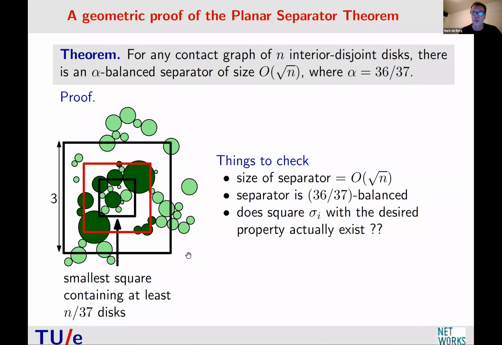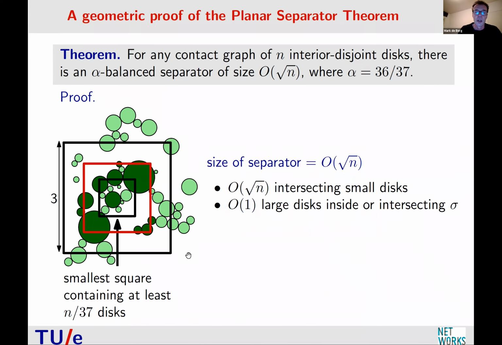So why does this work? Well, we need to check three things. The size should be okay, or the square root of n. It should be balanced. And I started by saying I take a square that intersects only square root of n small disks. I should check that that actually exists.